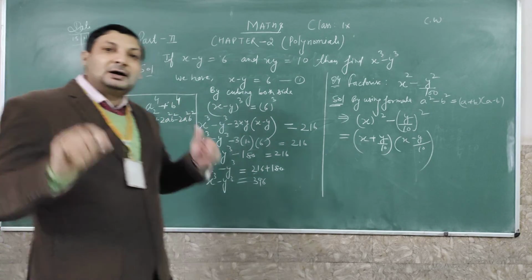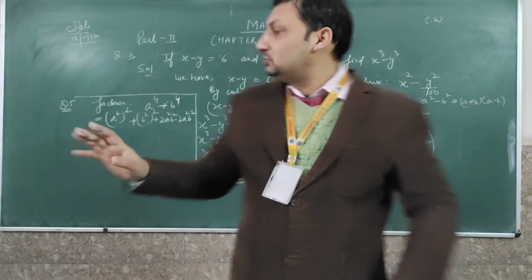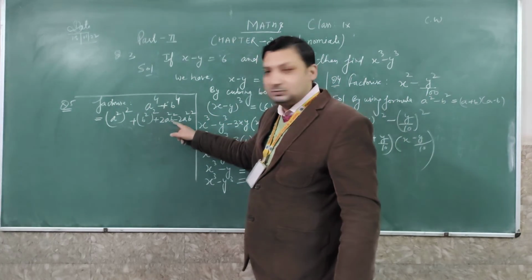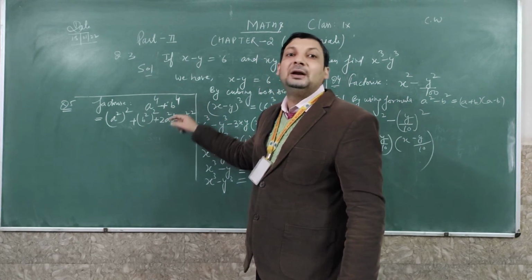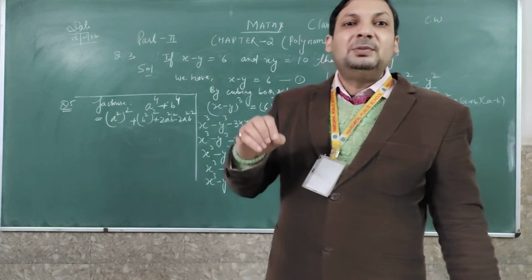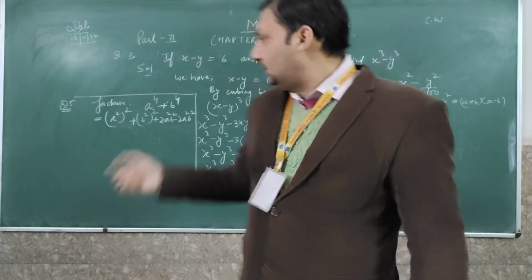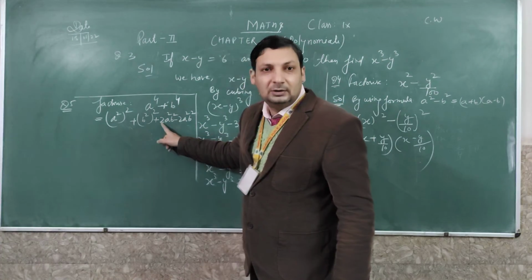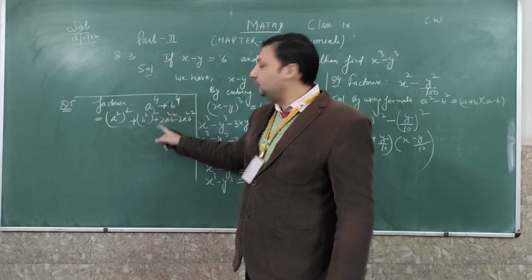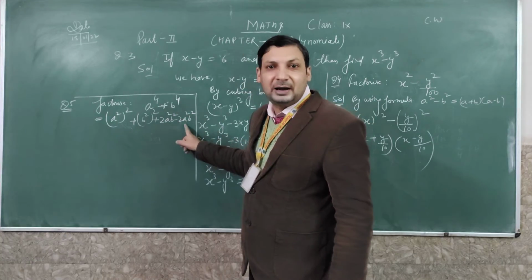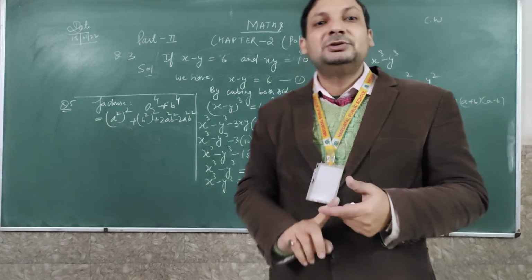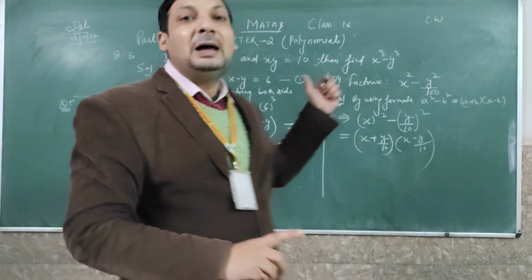Now a question is arising in your mind. In this question we have not been given 2 a square b square, so from where did it come? So dear student, we have used these two terms to make a formula to solve the question. If you do not add equal things and subtract them, you cannot solve this question. This is called planning.